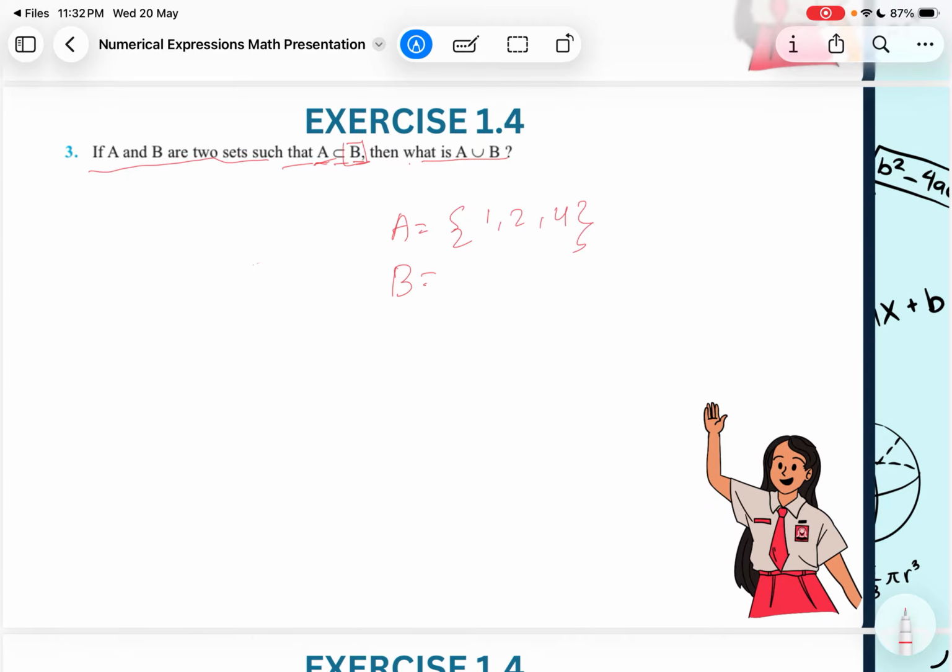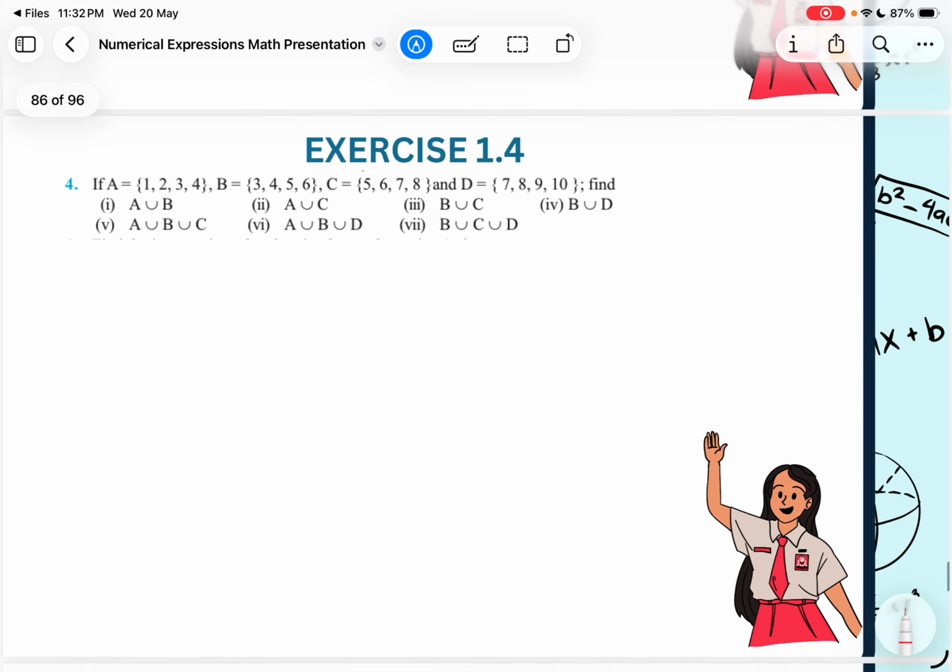Okay, so B equal to {1, 2, 3, 4, 5}. So what will be A union B, right? So it is only B. This is the answer. Okay.